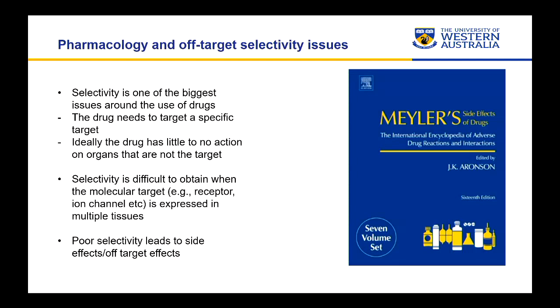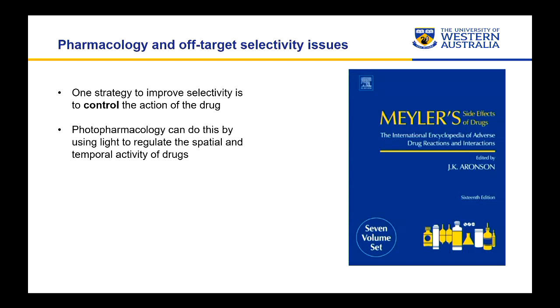When we talk about things like anxiolytics and antipsychotics, some of those, as Jamie probably talked to you about, have very wide side effects. For something like anxiolytics, we can get very bad gastrointestinal side effects because the receptors we're trying to target are also expressed in the gut, right? So selectivity and off-target effects are one of the main things that limit our use of pharmacology.